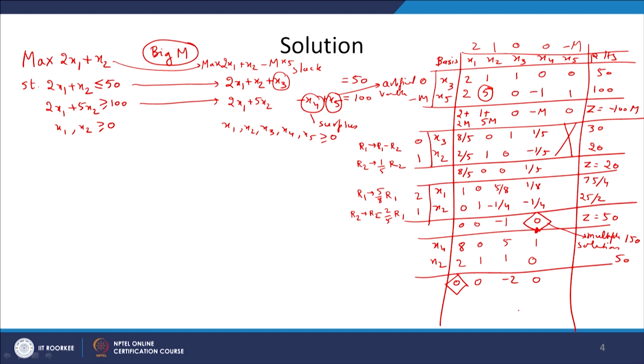What are the two solutions that we have? The first solution that we got is x1 is equal to 75 by 4, x2 is equal to 25 by 2, all other 0.